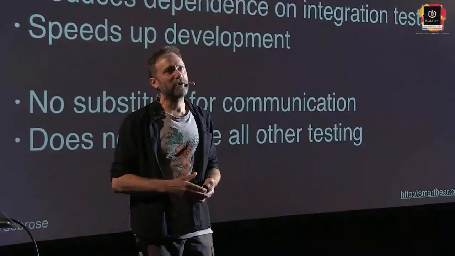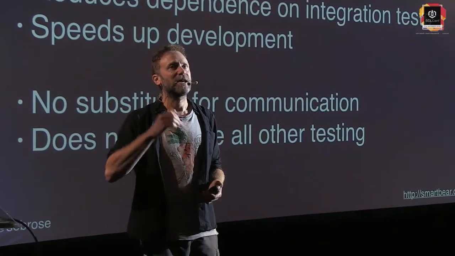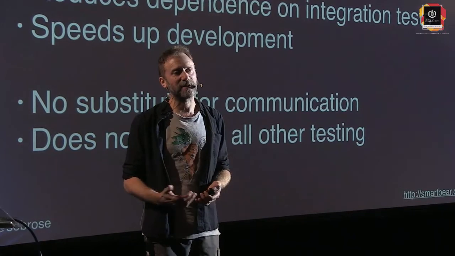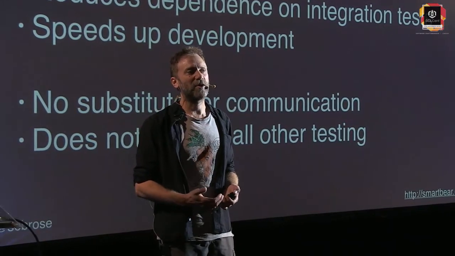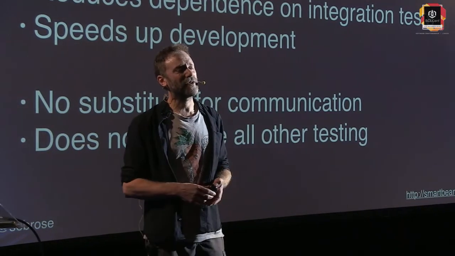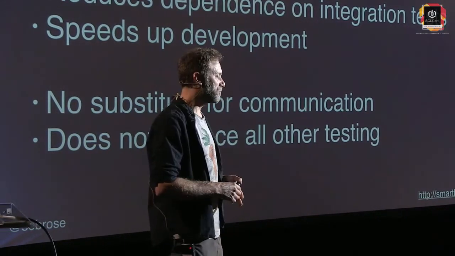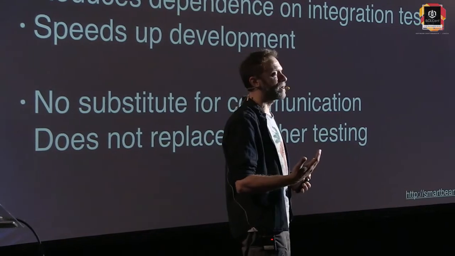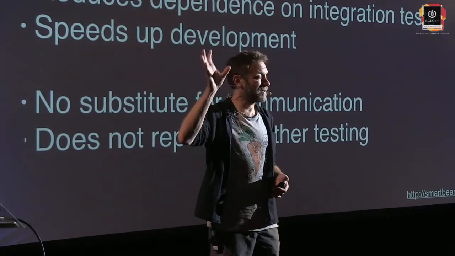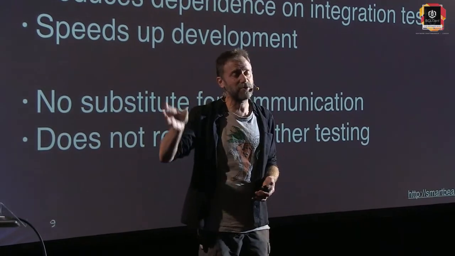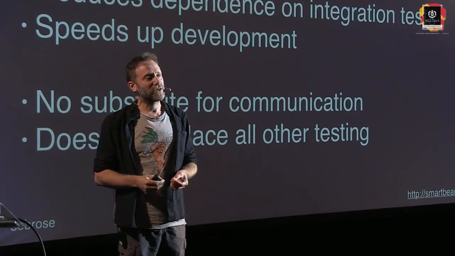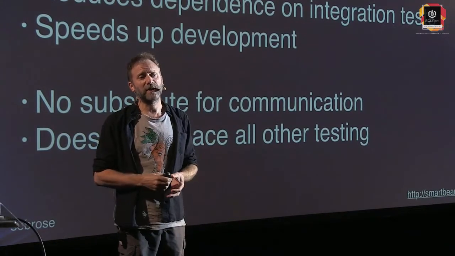The final two bullet points I hope are obvious. This is no substitute for communication. This is an automated signaling mechanism to tell you that you've understood what the provider is giving you, and tells the provider what the consumers are trying to do. There's an added benefit actually that isn't on this bullet point slide, which really should be, which is that many providers in the world have no idea who their consumers are.